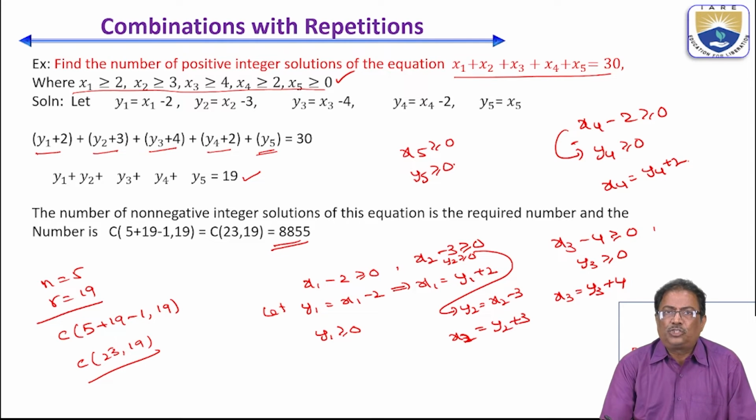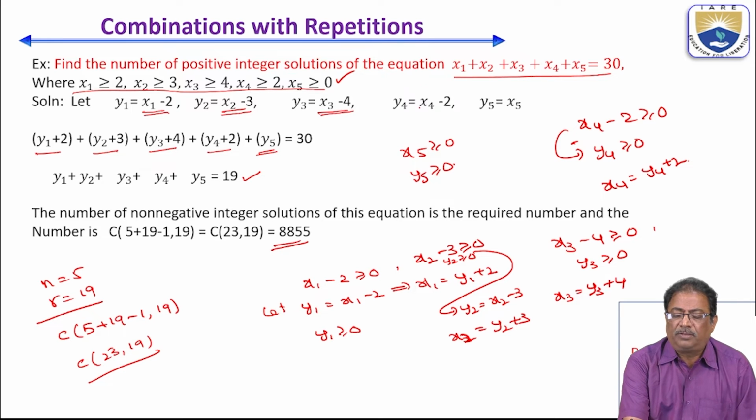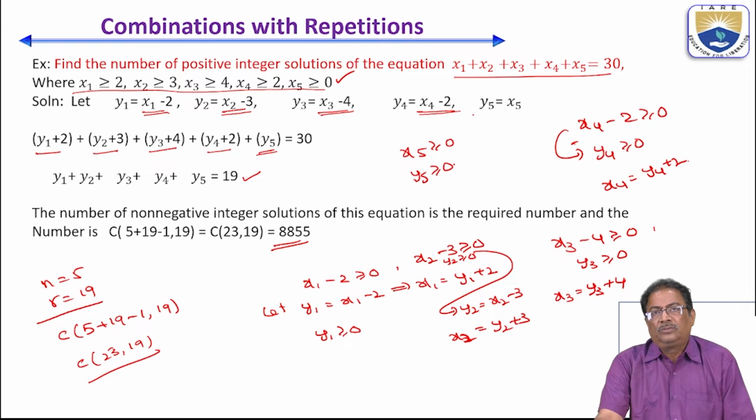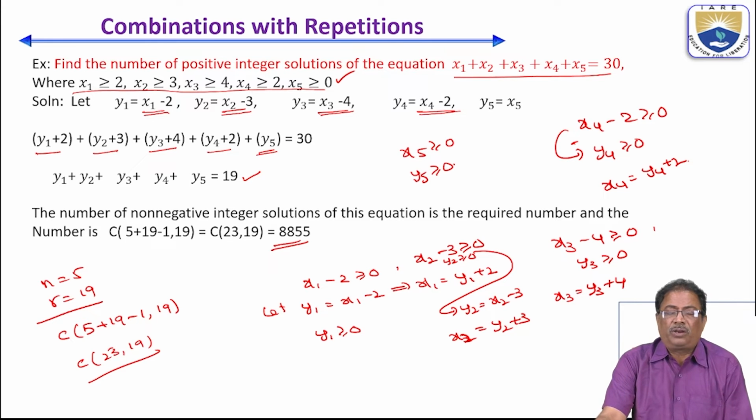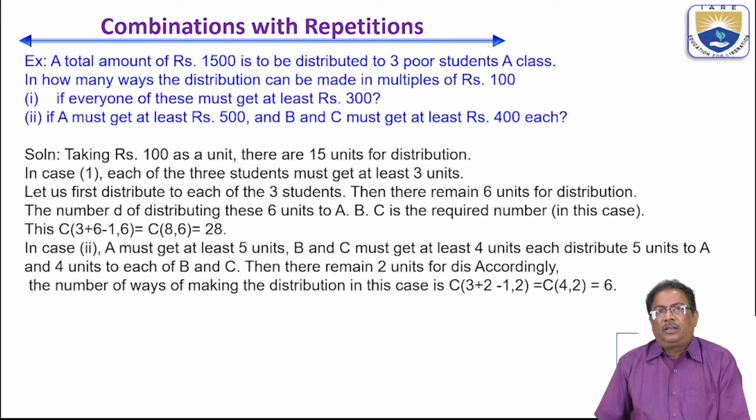Subsequently, we assume that is some other variable, so that variable will be greater than or equal to 0, which means it is nothing but a non-negative integer solution. We reduce to another form, then find the number of non-negative integer solutions of that reduced equation. Subsequently, the given condition is automatically satisfied.